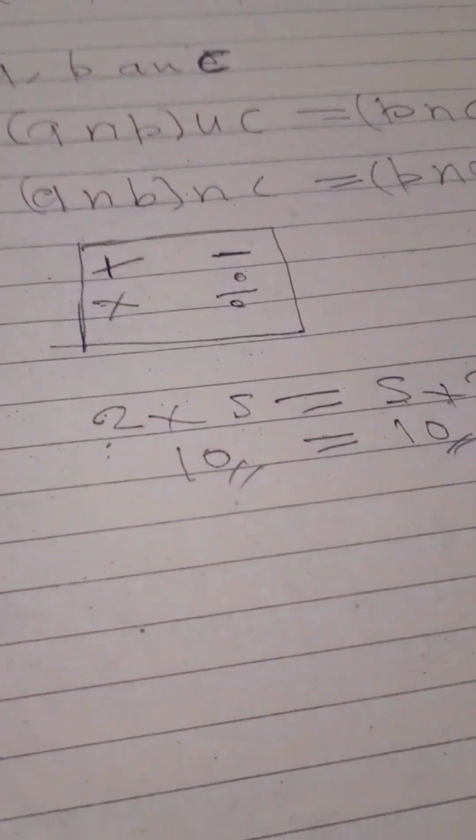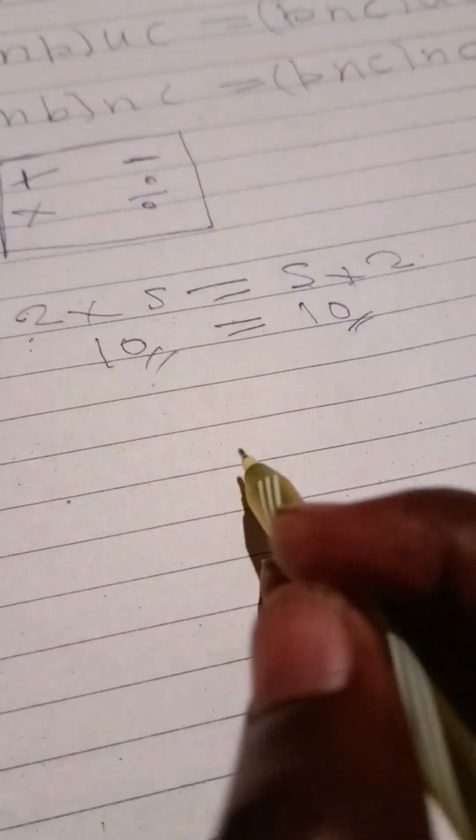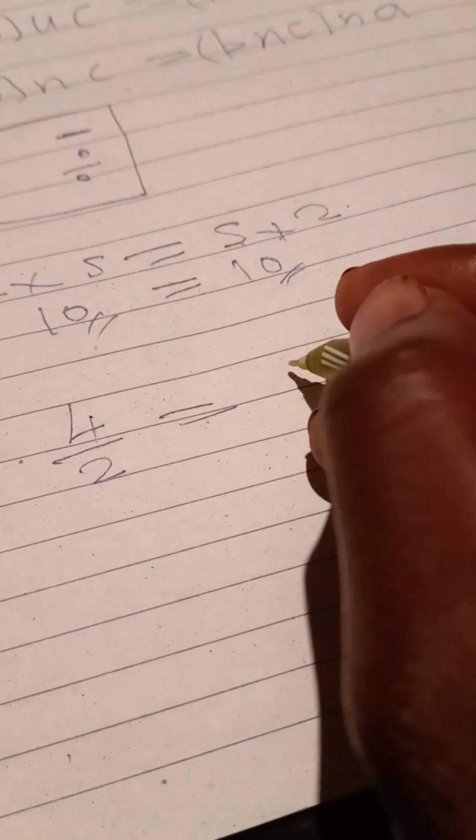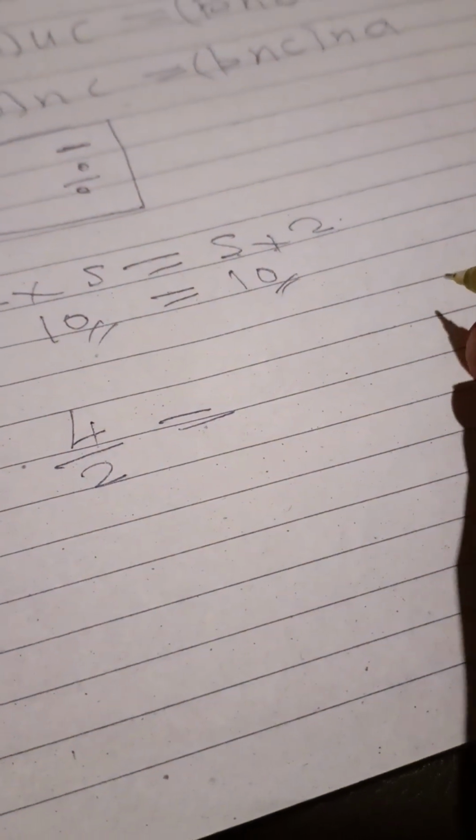Okay, let's take just one illustration. If you have 4 divided by 2, is it the same as 2 divided by 4? 4 divided by 2 is equal to 2, but 2 divided by 4 is equal to half, which is 0.5.